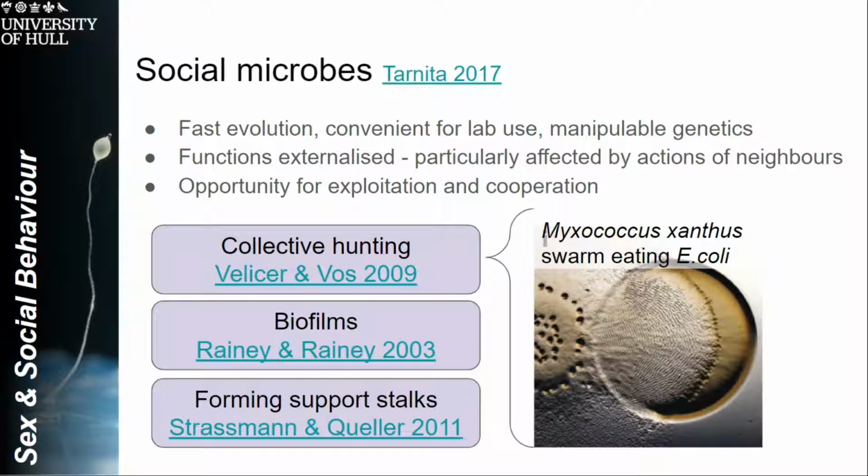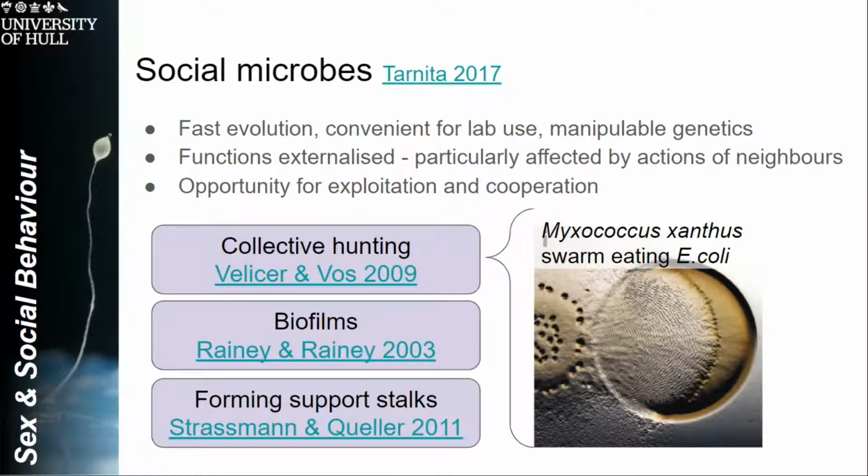They are being increasingly recognised as good model organisms for the study of social behaviour, principally because in many cases the smaller the organism, the better the model. They have fast generations, they tend to be more manipulable, and they tend to work better in the lab than bigger, fluffy, complex things that you have to do very long-term studies on.